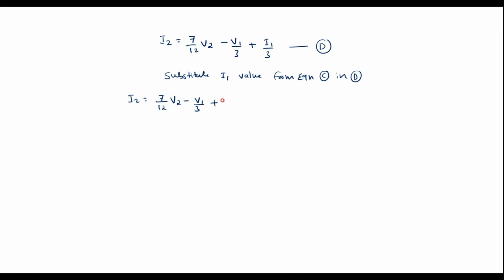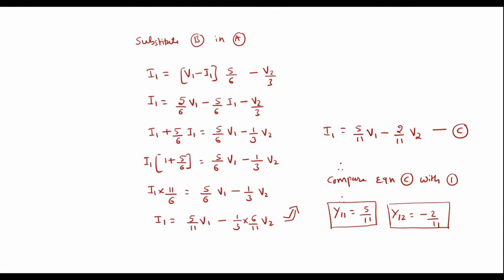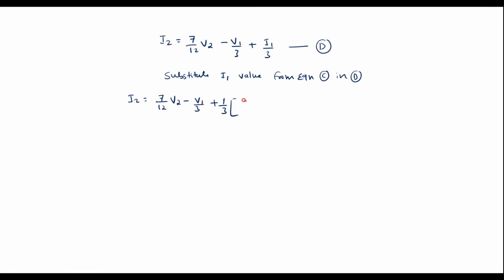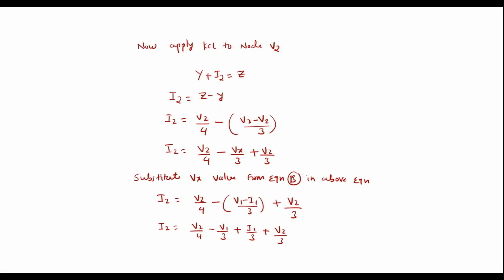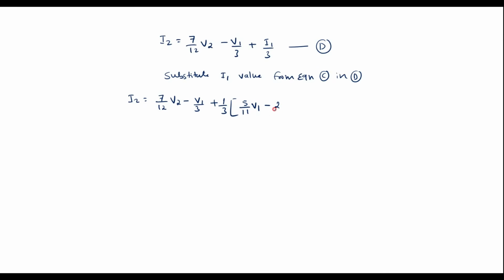So I can write I2 is equal to 7 by 12 V2 minus V1 by 3 plus 1 by 3 times I1, where I1 is nothing but 5 by 11 V1 minus 2 by 11 V2. Simplifying this further, I2 is equal to 7 by 12 V2 minus V1 by 3 plus 5 by 33 V1 minus 2 by 33 V2.